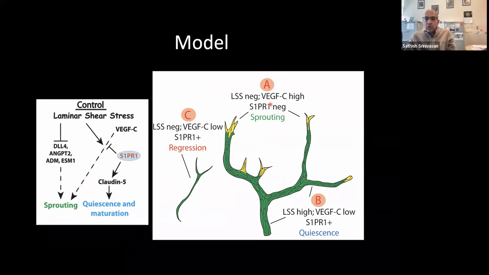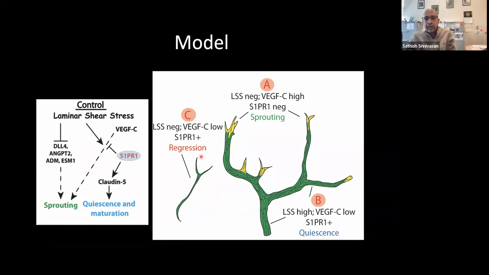So these cells are growing towards a very high VEGF-C gradient. They are sprouting, they are migrating. And the vessels which are quiescent, the vessels which are exposed to laminar shear, that is where S1PR1 is also active. And these are places where there is this balanced ERK activity that maintains the quiescence of endothelial cells.